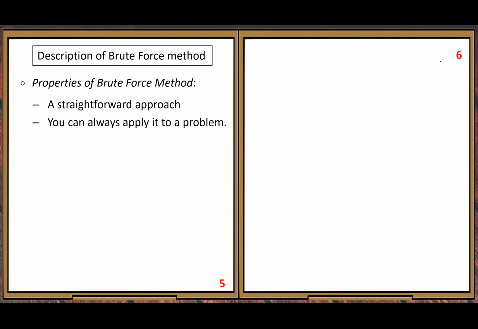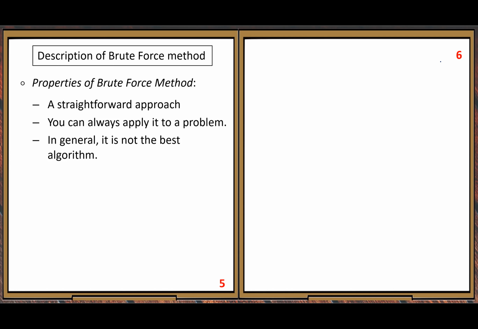You can always apply it to a problem. It's bad, but you can apply it. You can mess with it first. In general, it is not the best algorithm.